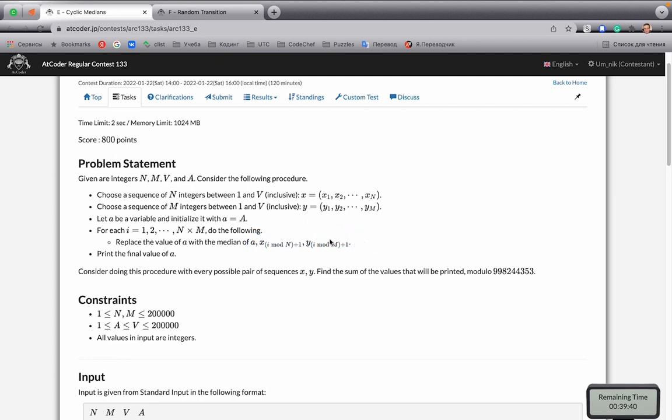If both of them are 1, the median is 1. So we want to find what was the last time the elements were equal and what they were equal to.